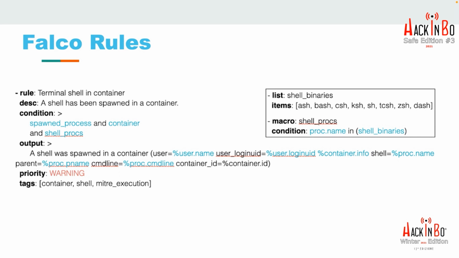The Falco rule set is collected in YAML files, and you can easily add your custom rules just by editing those files. It's a pretty straightforward process. So I suggest all of you start playing with Falco, start creating new rules for yourself, and also share them with the Falco community as well.